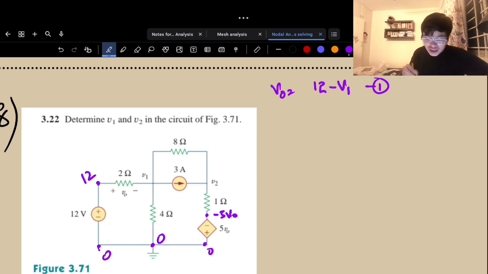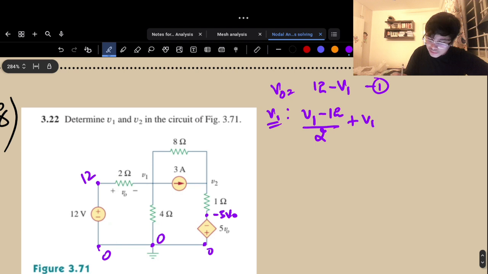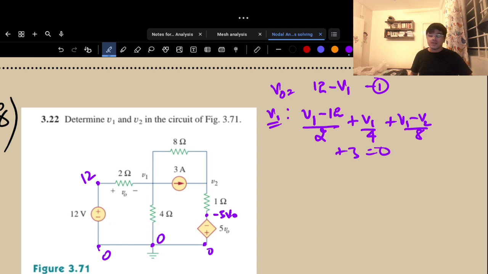Now simply write the nodal analysis equation, that is the KCL equation, for V1 and V2. For V1, the currents leaving will be V1 minus 12 by 2 plus V1 minus 0 by 4 plus V1 minus V2 by 8 plus 3 amps leaving. Simplify it.